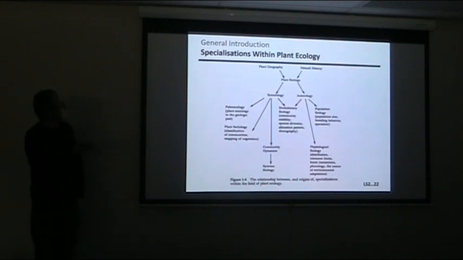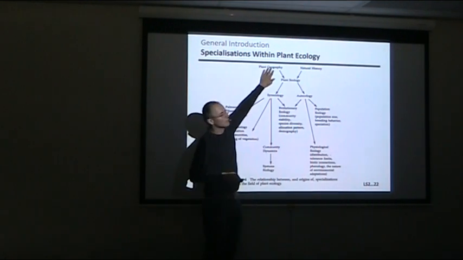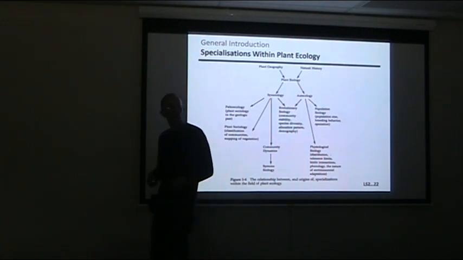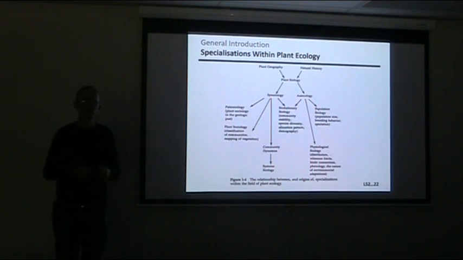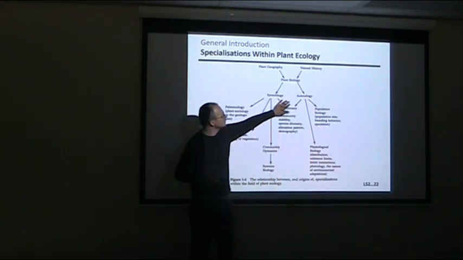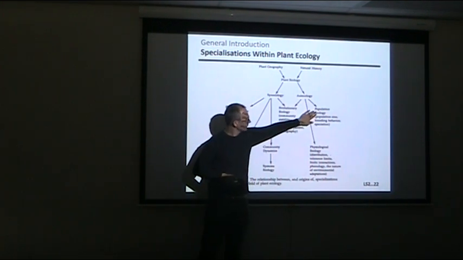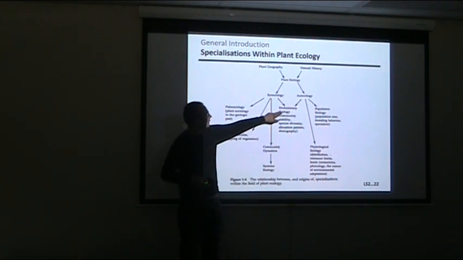And so what goes into plant ecology? Plant geography and natural history were the fields that got together, merged, and formed plant ecology. Then there are these two major branches, synecology and autecology. Autecology focuses on population, physiology, and evolution.